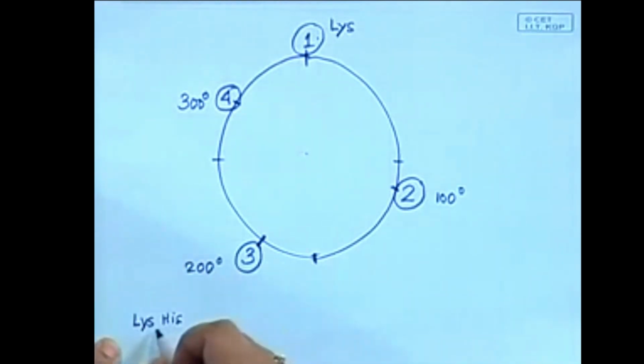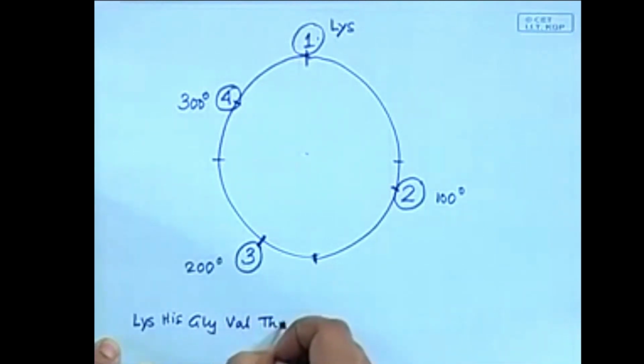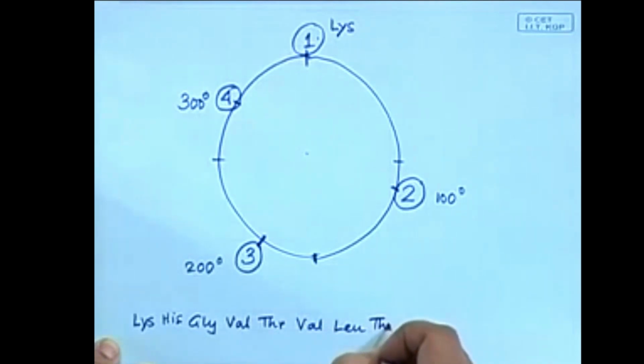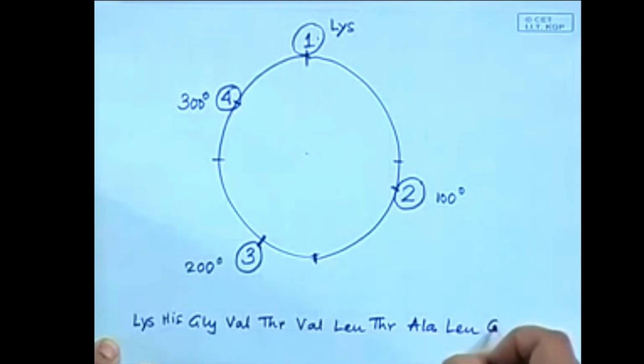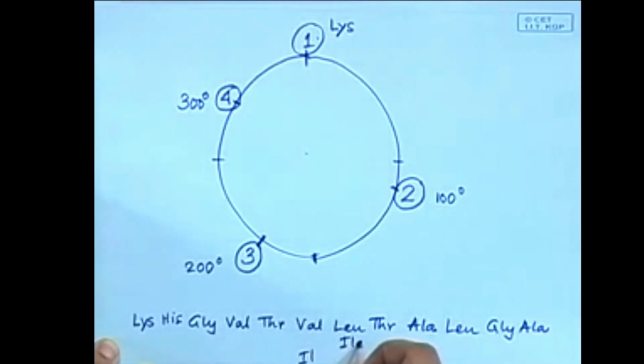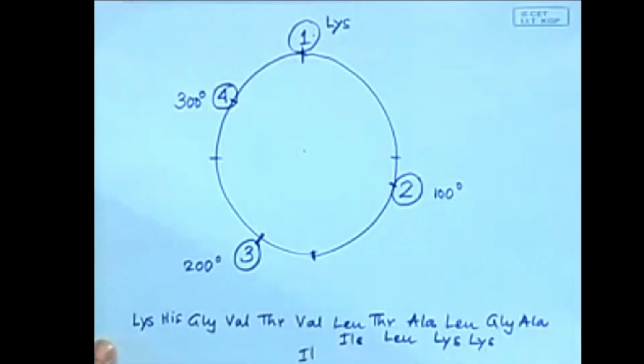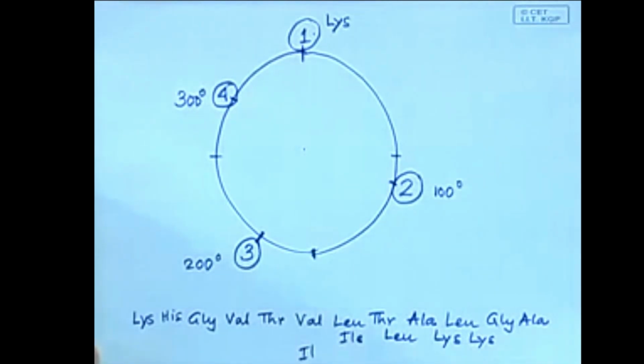Okay, let me just write it here. Lysine, histidine, glycine, valine, threonine, valine, leucine, threonine, alanine, leucine, glycine, alanine, isoleucine, leucine, lysine, lysine. Okay?